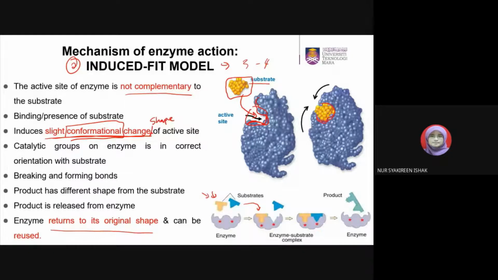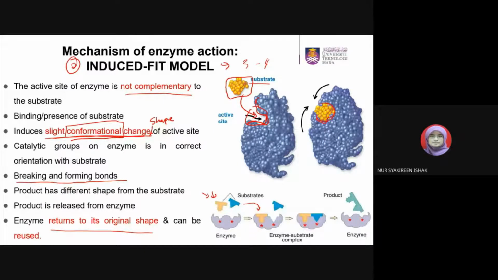So it induces a slight conformational change, or a slight change in the shape of the active site, so that the catalytic group on the enzyme is in the correct orientation with the substrate. Then breaking and forming bonds, the same point as in lock and key. Products have a different shape from the substrate. Product is released from the enzyme.